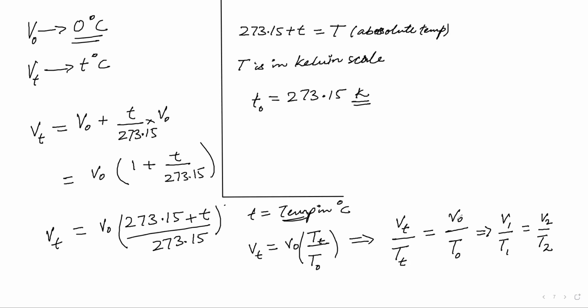Volume at one temperature, volume at another temperature, and Kelvin at one temperature and Kelvin at another temperature. That's it. Can you please tell me exactly what did you not understand? Or did you understand now? Sir, okay, I got it now. You got it now? I got it. Okay.